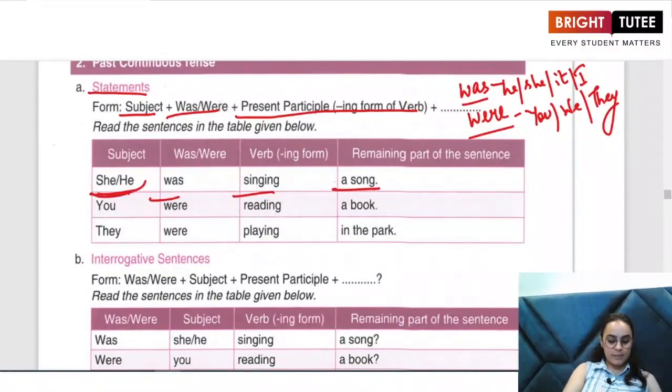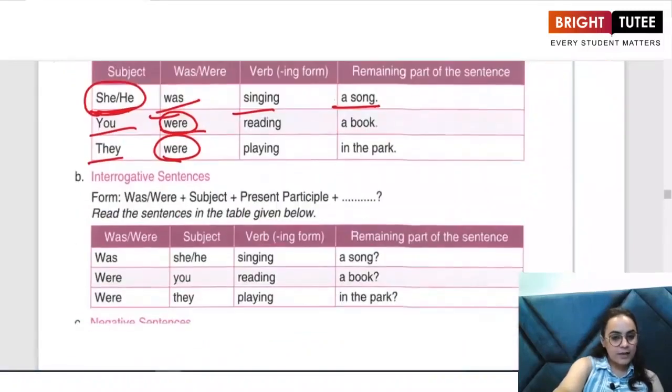So since my subject is singular, that is why I use was. You were reading a book. Since my subject is you, which is plural, therefore my helping verb is were. They were playing in the park. So they is plural, so we use were playing in the park.